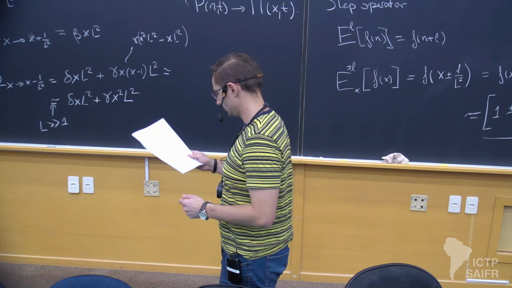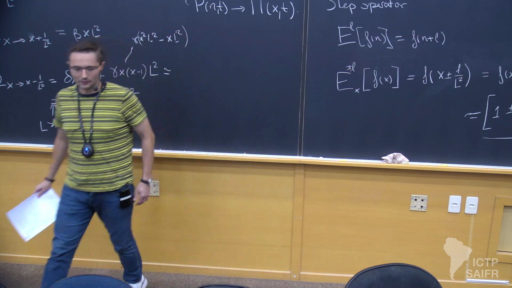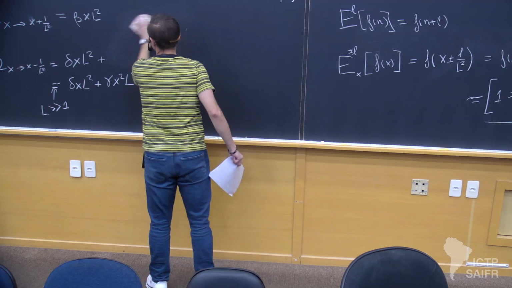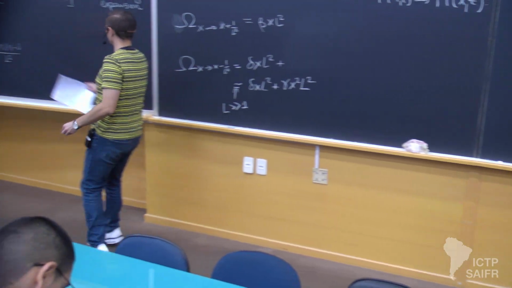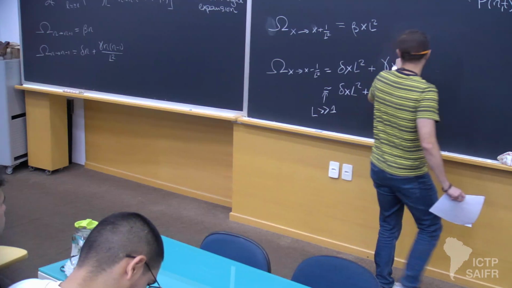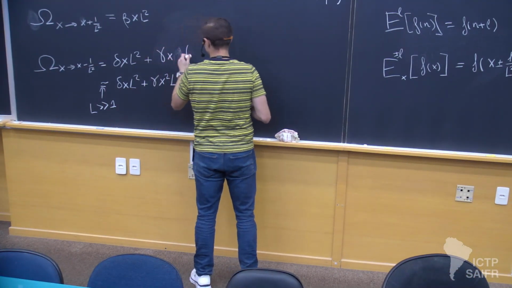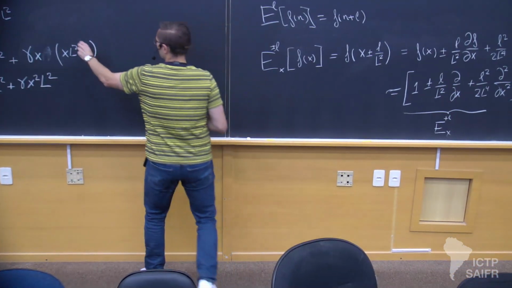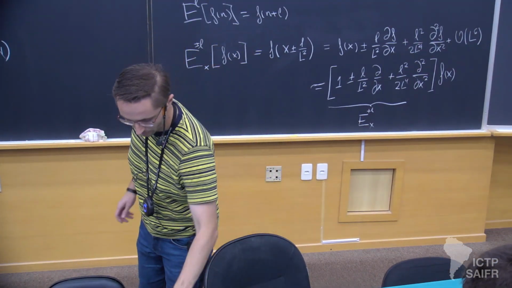Ah, yeah, sorry. Yeah, no, wait. So I have gamma, yeah, sorry. This is gamma x L squared. Yeah, sorry. Gamma x, because I have 1 L squared above, below x squared minus 1. Yeah, sorry. And then I kill the 1 here, and yes, thank you.